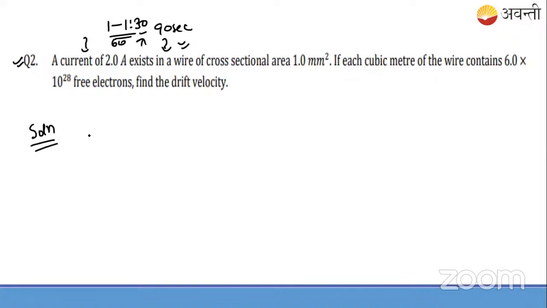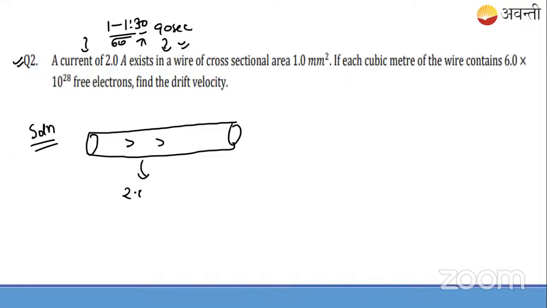So it's like this. Suppose you are having a piece of wire, a part of the wire. The current which is passing through this piece of wire is 2 ampere. Suppose this is the amount of current passing through this piece of wire. Its cross-sectional area is 1.0 millimeter square.